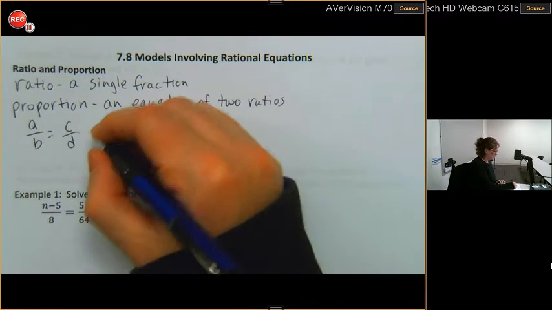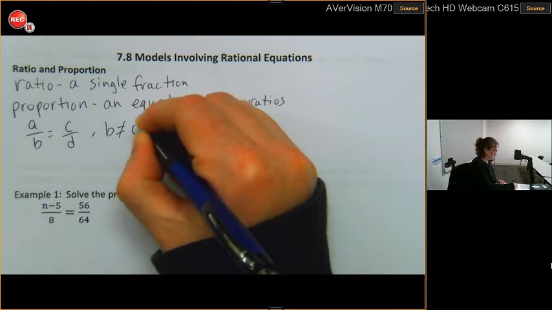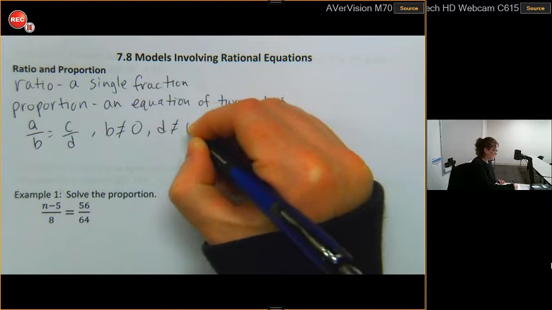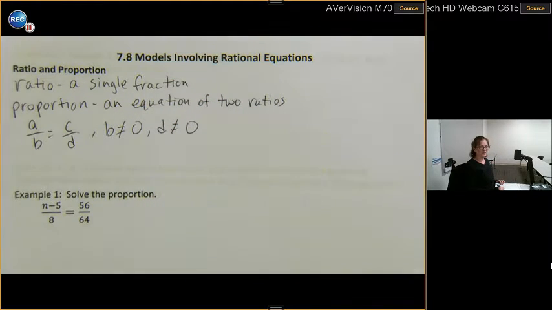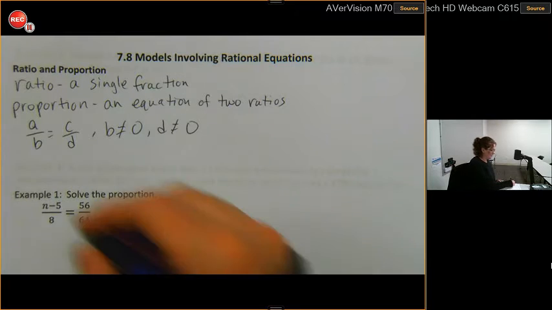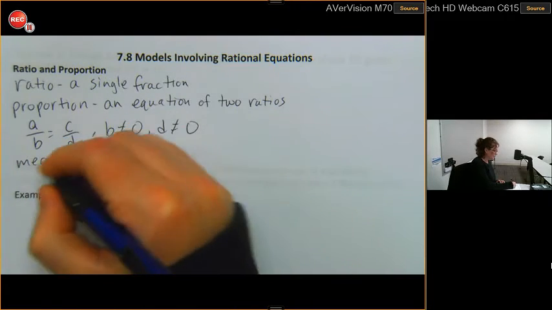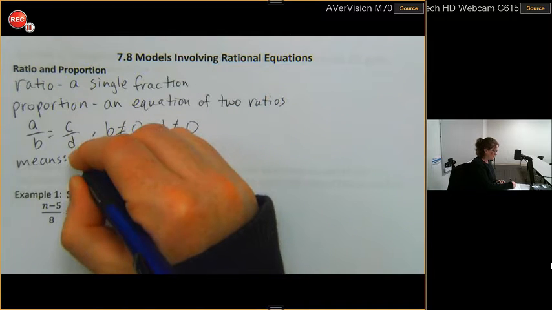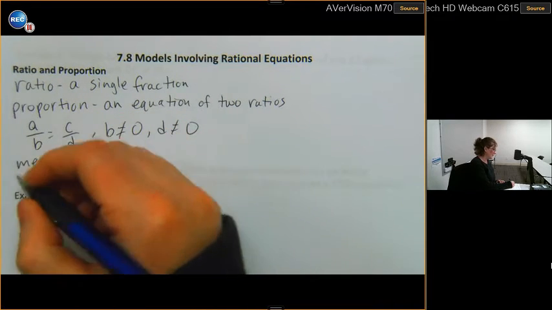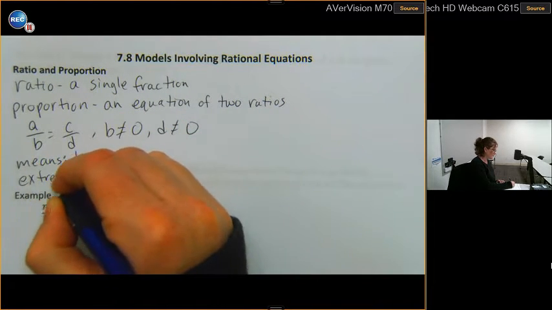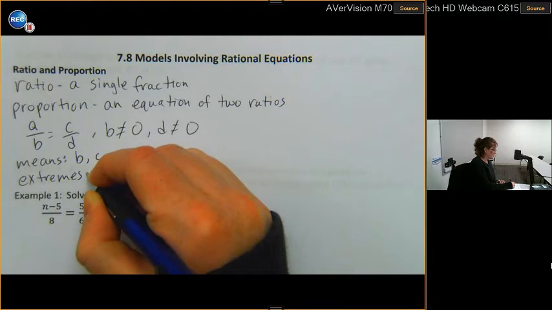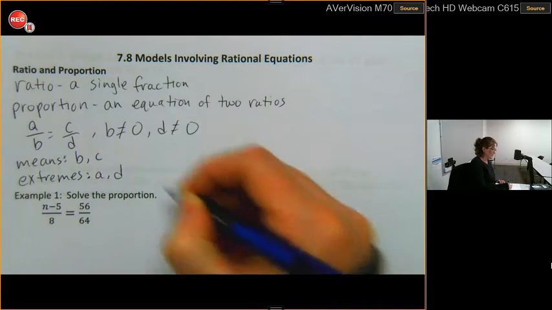And in this particular equation, we know that b and d cannot equal 0 because they're the denominators. A couple of terminology pieces. Means. In a proportion, the means are the b and the c in this equation. And the extremes are the a and the d.